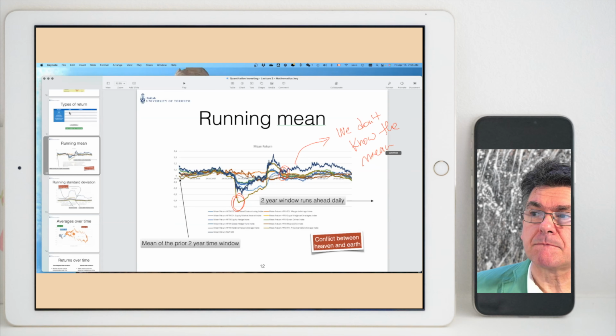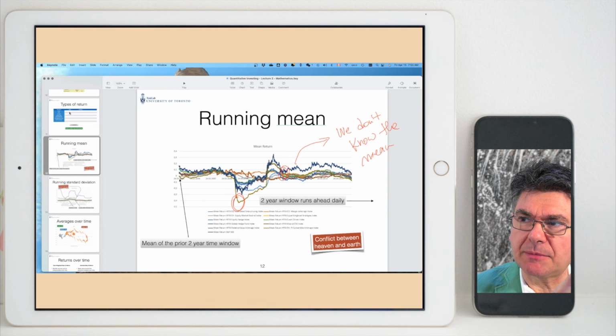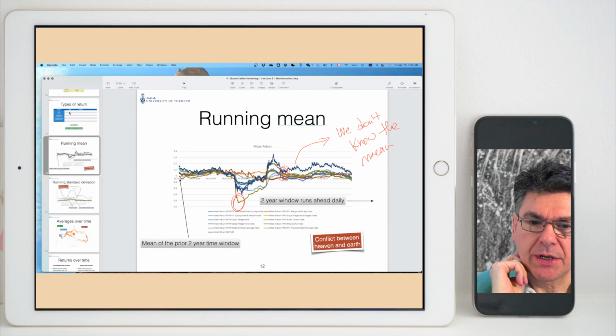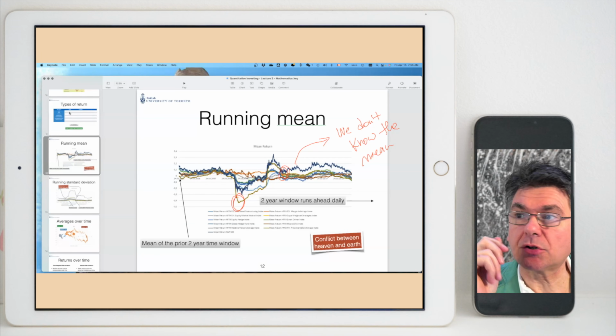Here you need to understand the difference between the academic approach, or what you may learn in school, and what people actually do in practice. There is a disconnect.